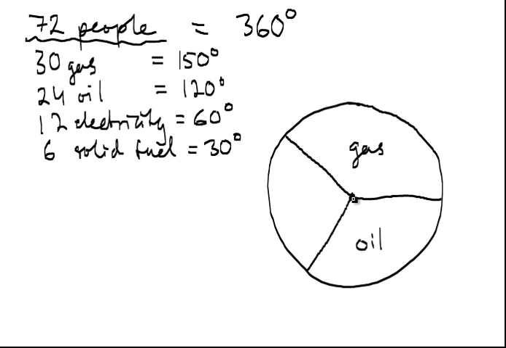And then we have 60 degrees, we have 30 degrees here, and then 30 degrees more, so this is going to be 60 degrees. This is electricity. 60 degrees, and here we have solid fuel. So here we have the pie chart representing this survey.